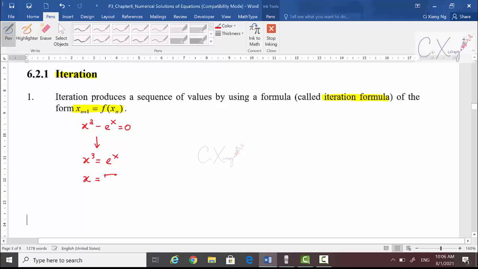So I have x equals the cube root of e^x. This is one of the iteration formulas. From the original equation, I rearranged it so that x is on the left hand side and everything else is on the right. This is what you call an iteration formula.